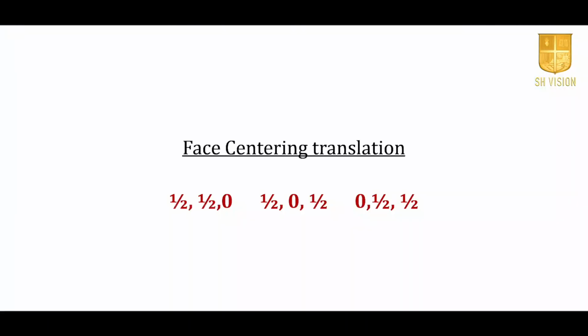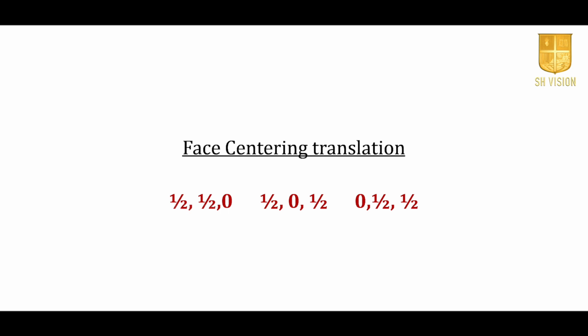In face centered cubic crystal we have seen that the number of atoms per unit cell is 4, and the lattice positions are 0, 0, 0, then another one is half, half, 0, then half, 0, half, and one more, 0, half, half.